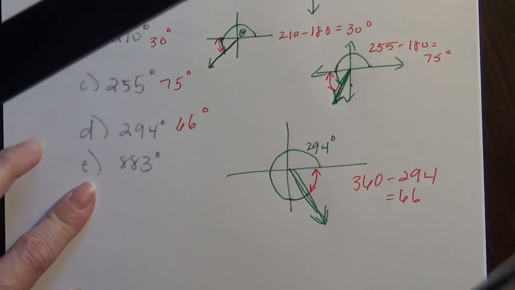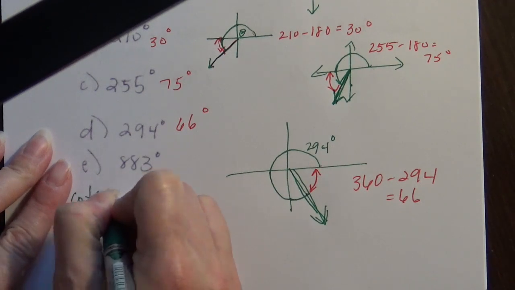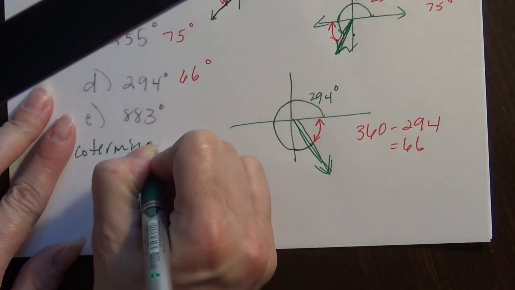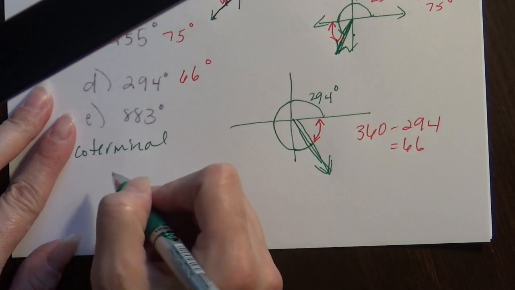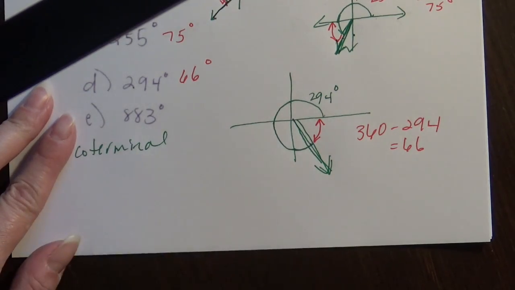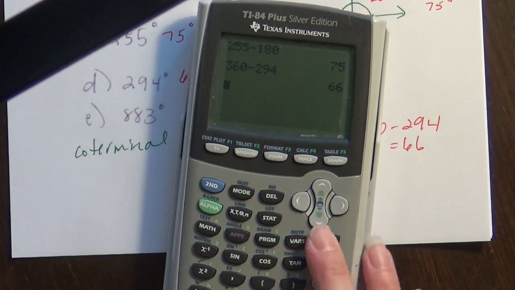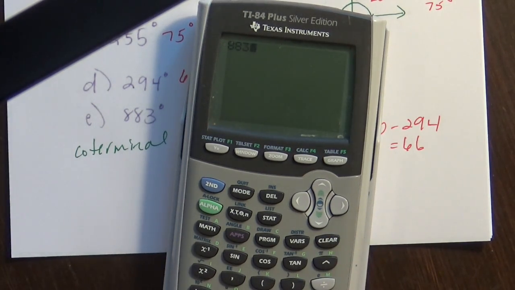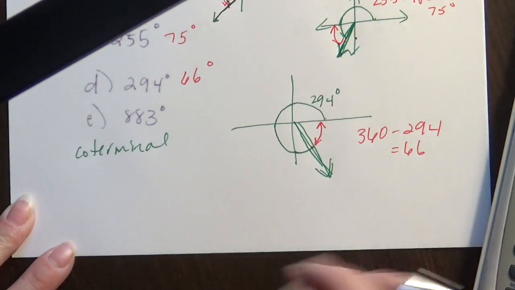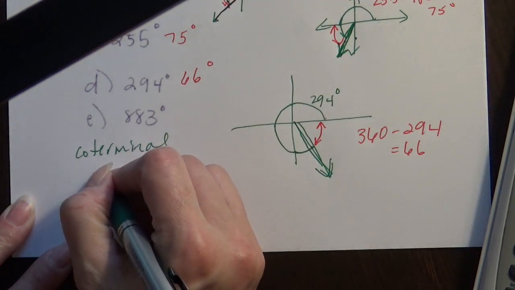For the coterminal angle, you can just subtract 883 minus 360. That's 523. Let's subtract 360 again. That's 163 degrees.